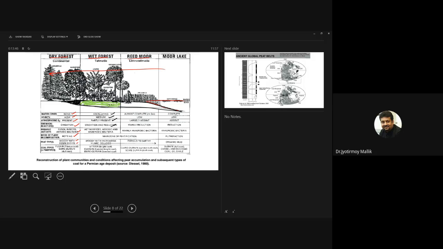This is also a main zone of petrification. But because this plant material is not as woody as the wet forest, you will generally form clarodurain or some durain, dull coal, banded dull coal. So it's not as good as the wet forest, but this will also create a good amount of coal.